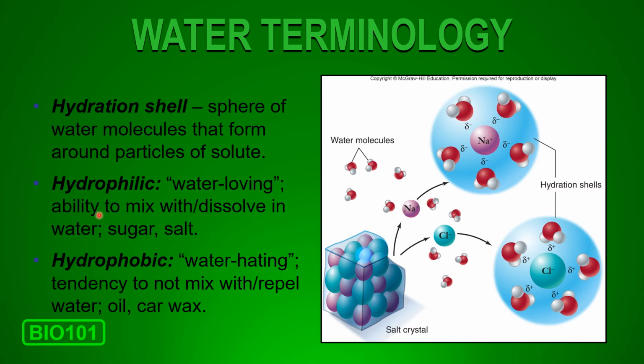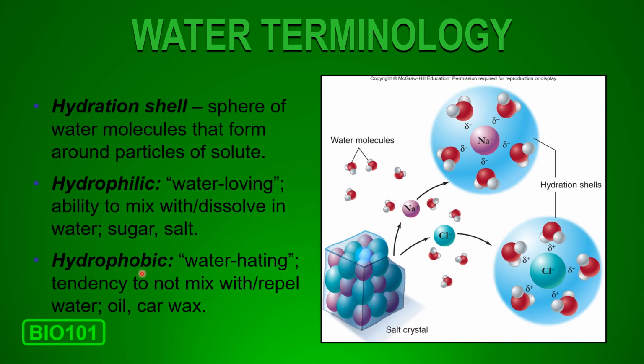So now we have two terms to remember: hydrophilic and hydrophobic. If you are an arachnophobe, you are afraid of what? Spiders. Phobe comes from phobic or phobia. You know what a phobia is?